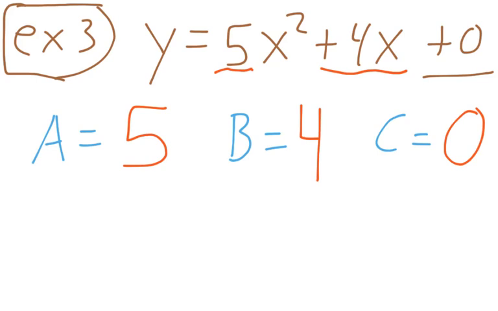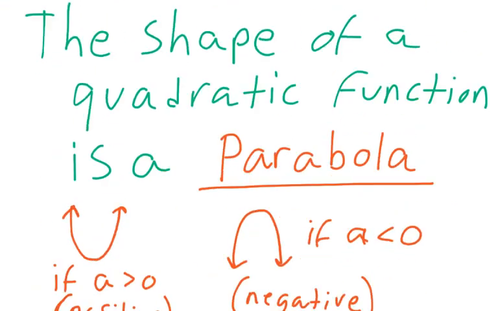When we graph a function like this, or like the other two before, these quadratic functions, they're not lines. The shape of a quadratic function is something called a parabola. If you're in Algebra 1, you've seen this before. It should be review, maybe it's been too long, who knows. A parabola is what these functions are called when you graph them.